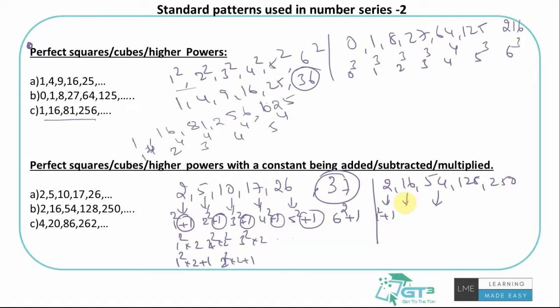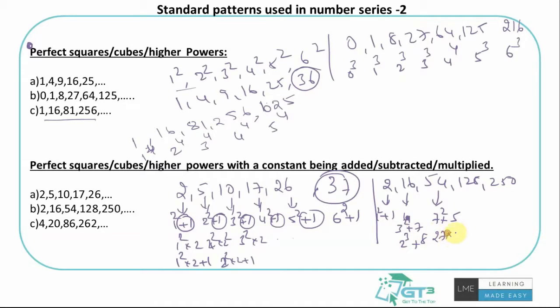This one, I'm seeing 4 square, but I would rather try to see if I can add something, right? Let's say 3 square plus 7, or it could be 2 cube plus 8. I don't know yet. Let's look at 54. 7 square 49 plus 5 is one possibility, right? Or is there anything else that I can look at?